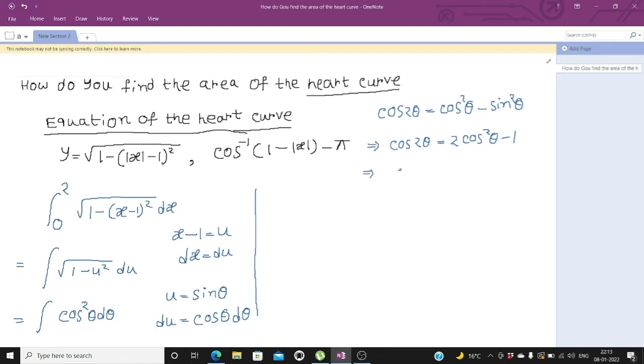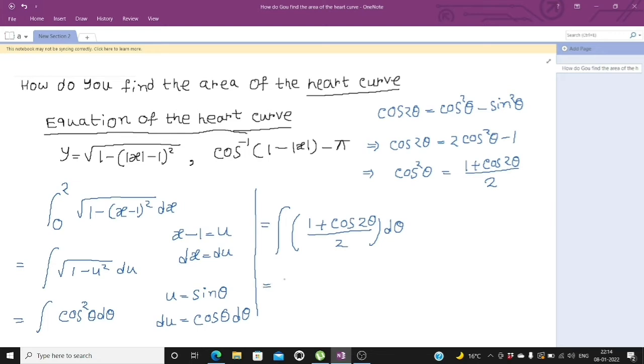And in terms of cos square theta, it becomes 1 plus cos 2 theta divided by 2. We are going to use this in our integration. So our integration becomes the integral of (1 plus cos 2 theta) divided by 2 d theta. We have to integrate this part.